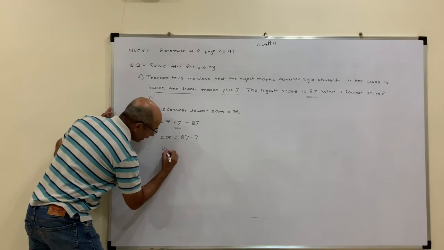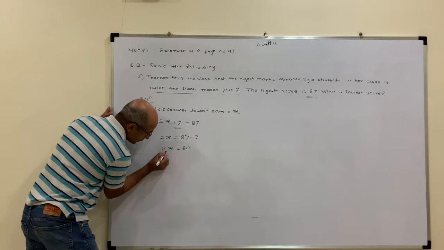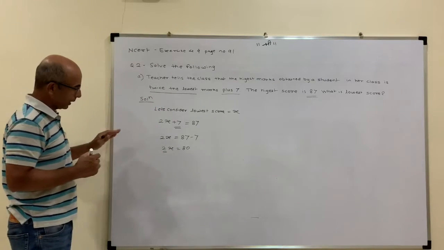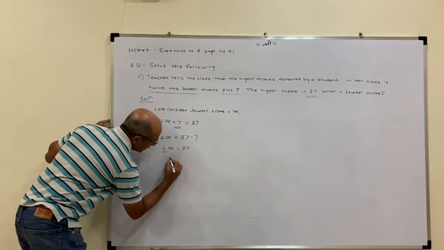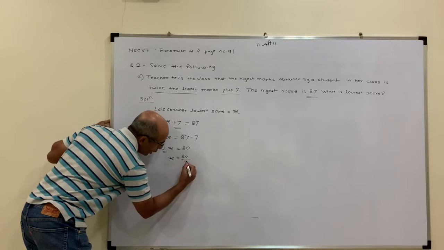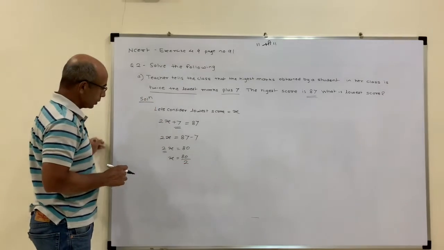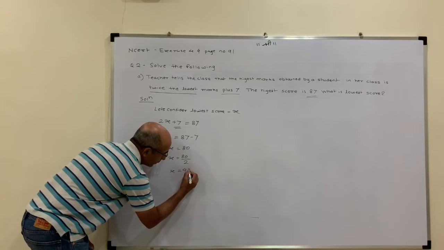Now 2x equals 80. Now I transpose this 2, which is multiplied on the left hand side, to the right hand side. So my next step will be x equals 80 divided by 2. So x equals 40.